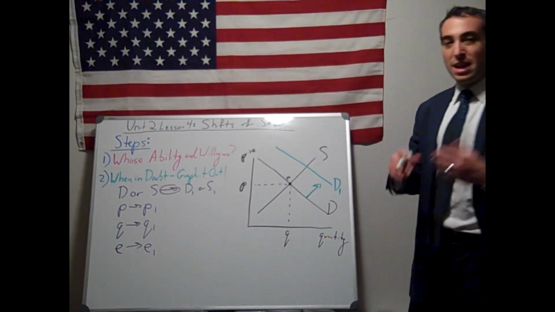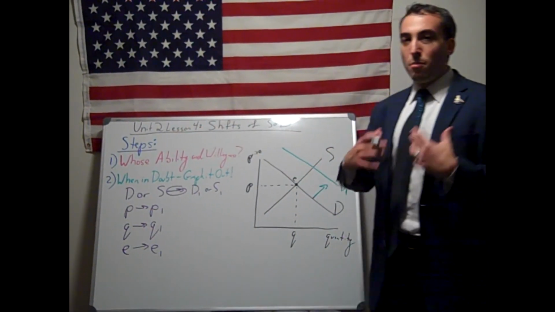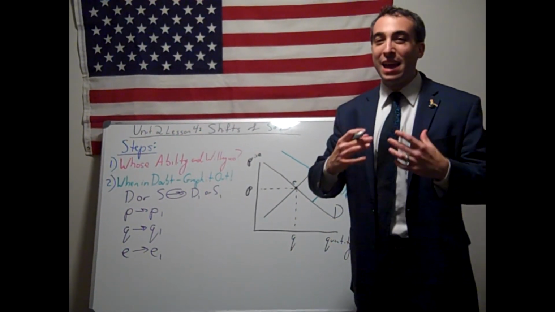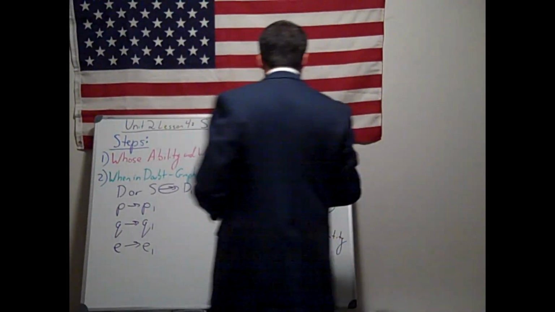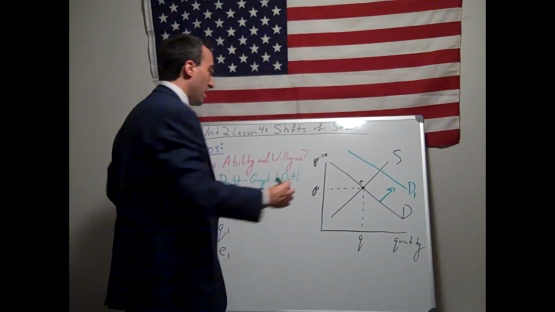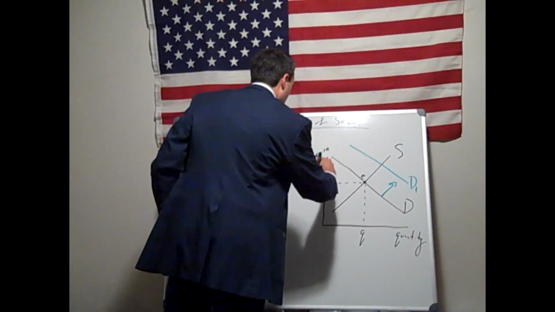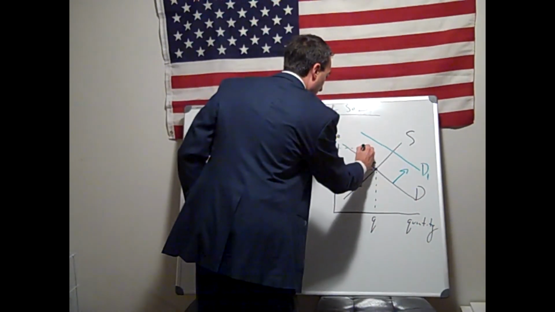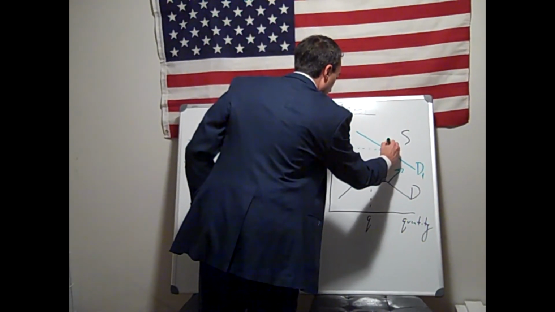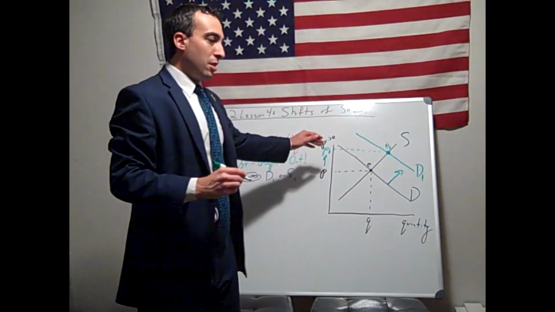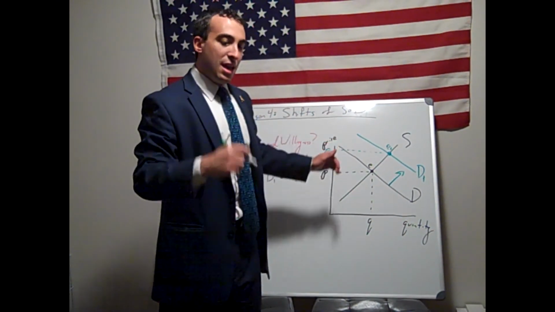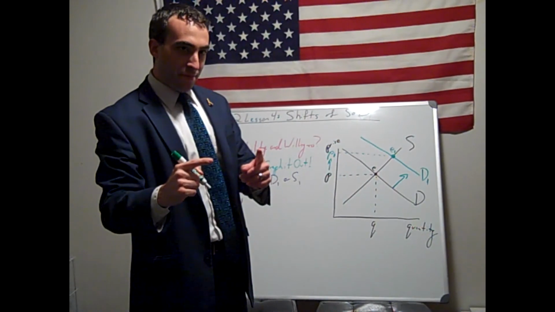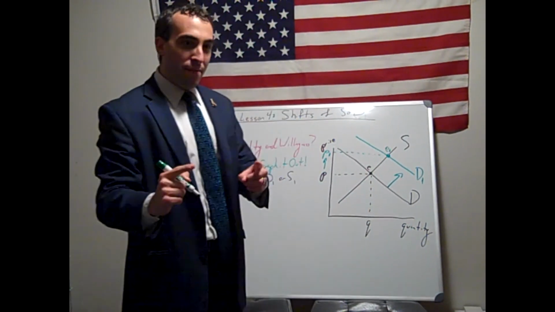So, let's take a look at now what happens. People are more willing and more able to want this product and therefore to pay for this product. And because people are more willing and able to want and pay for this product, the price goes from P to P1, and we see there's a new, X marks the spot, a new equilibrium. People are willing to pay more because they want it, and because people are willing to pay more, from the supplier's perspective, price is profit.